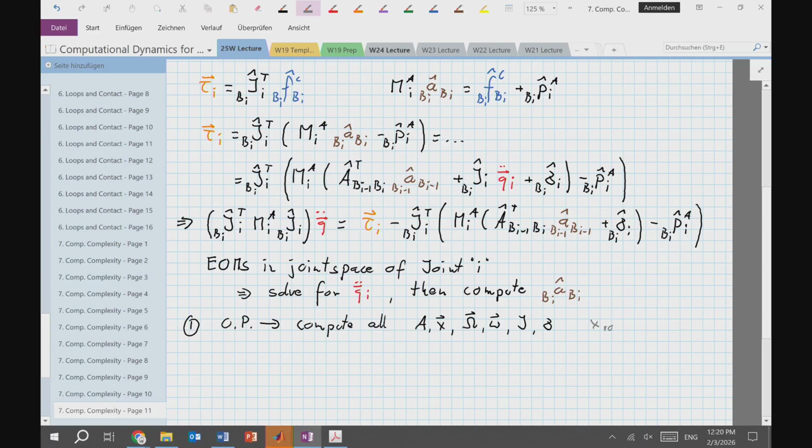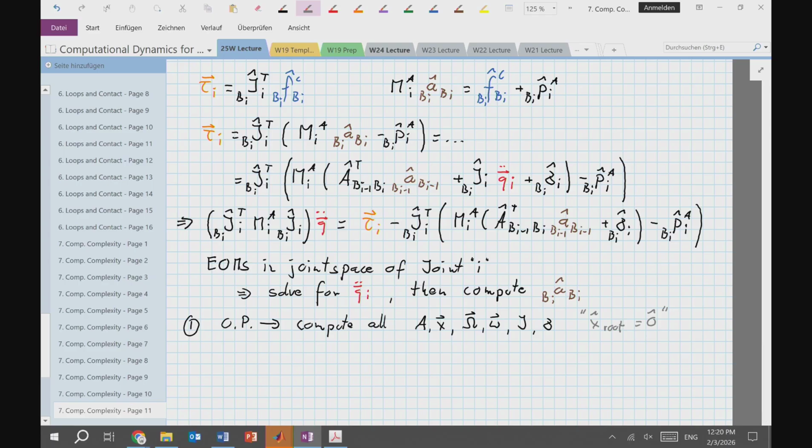You start with the position of root being 0, so that's the starting point of my iteration. I should write this here as a spatial quantity, even though we haven't defined this for positions. But you know what root is doing. You do this joint by joint in an outward pass.